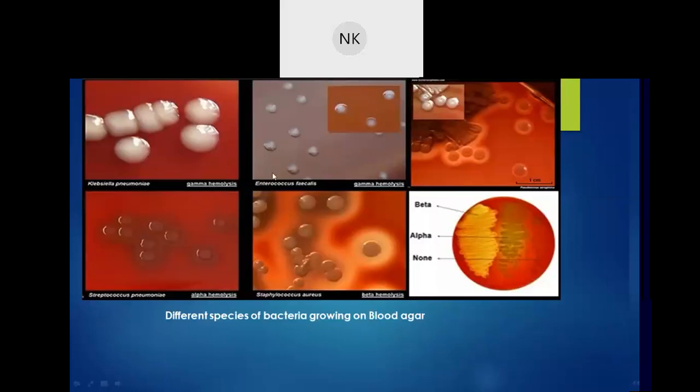Just look at this image. Here Klebsiella, Enterococcus, Staphylococcus and Streptococcus are some of the examples which are able to grow on blood agar media, and here you can see the type of hemolysis shown by different bacteria.